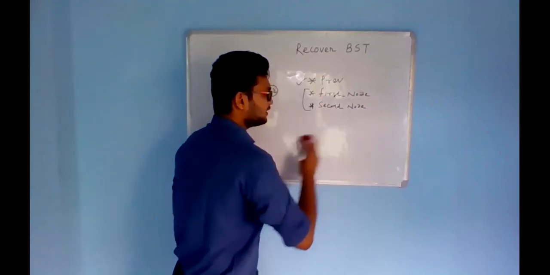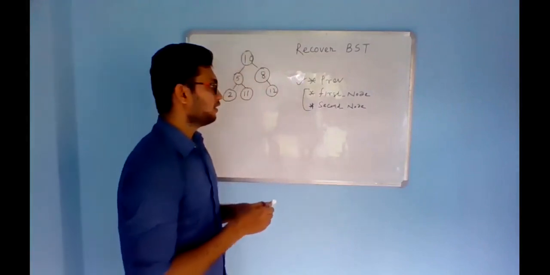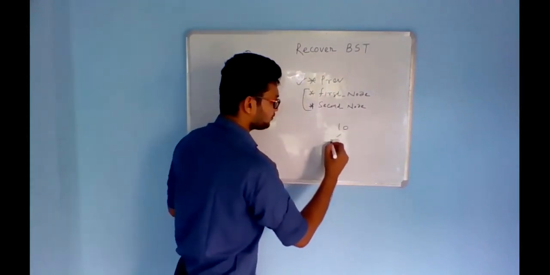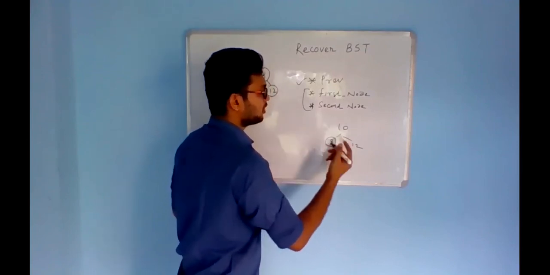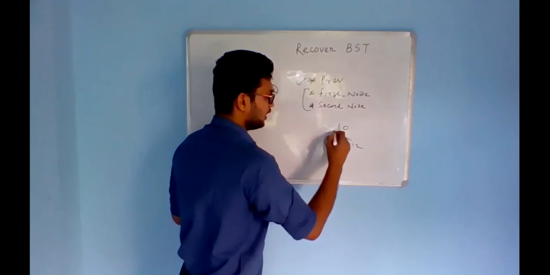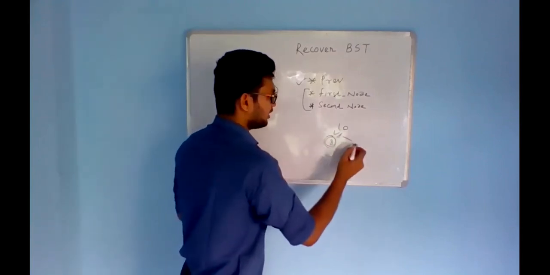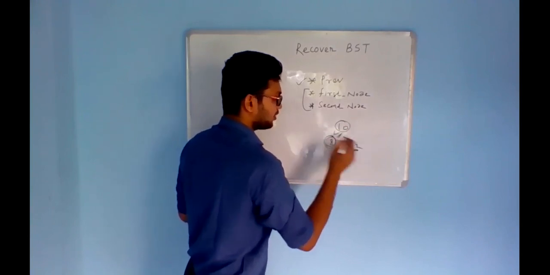So why is there a need for the previous node, let me tell you. Basically, guys, in the binary search tree, the previous node will always be smaller than the root node itself. For example, this is the previous node, it is smaller than the root node. Similarly, this is the previous node for this root node, and it is smaller than the root node.